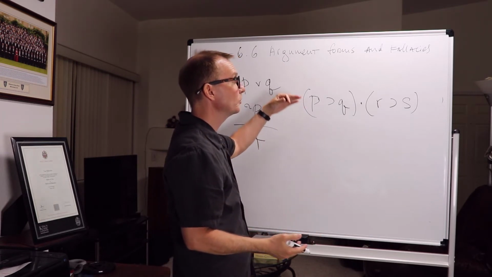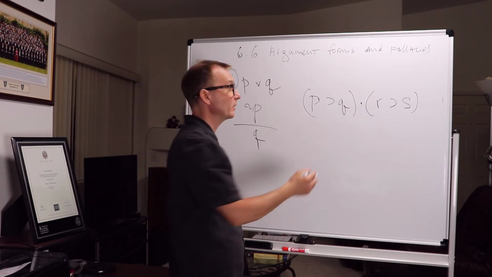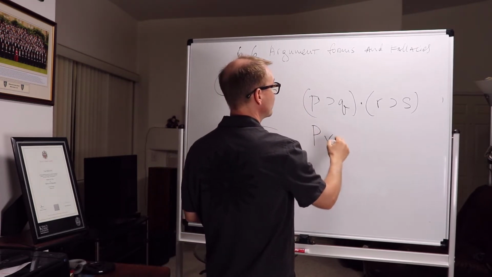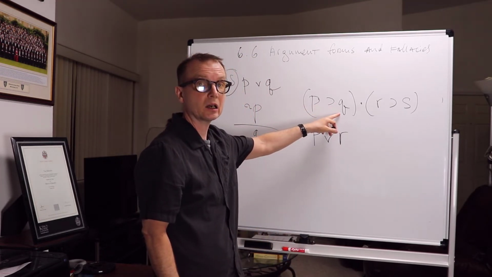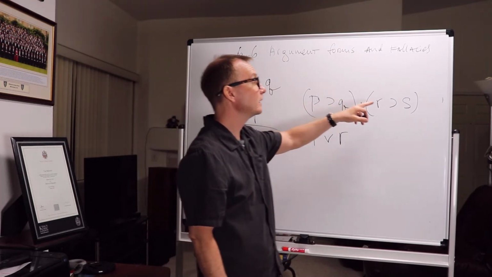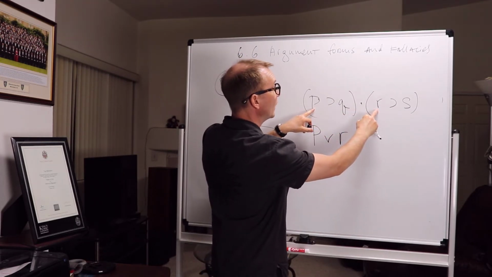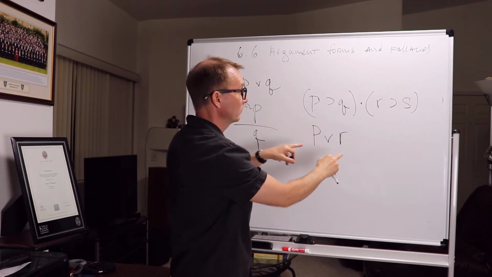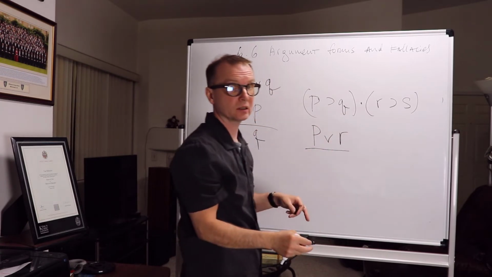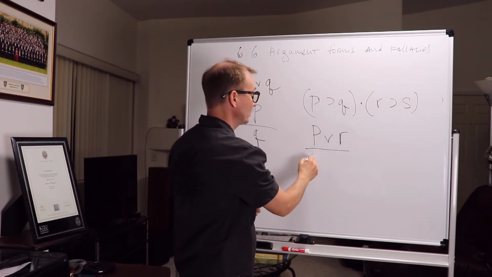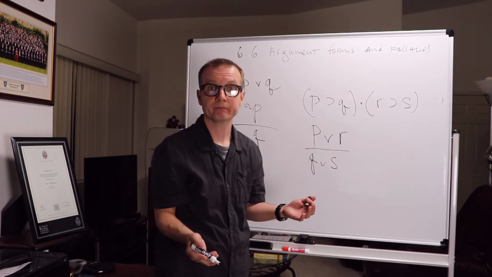Once you put that as your first premise, your second premise will give you a disjunction, either P or R. Note that you already said if P, then Q, and if R, then S. So now if you have either P or R, what would be your conclusion? Either Q or S, based on the rules we just learned.